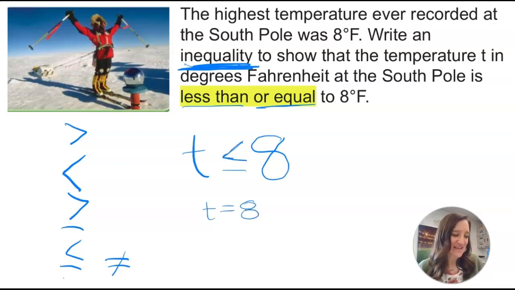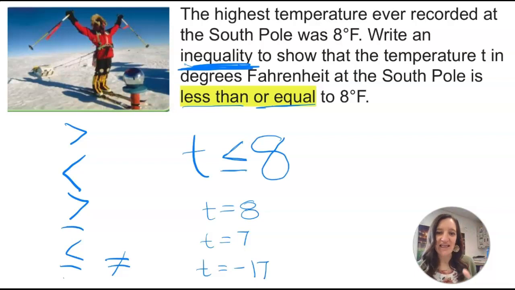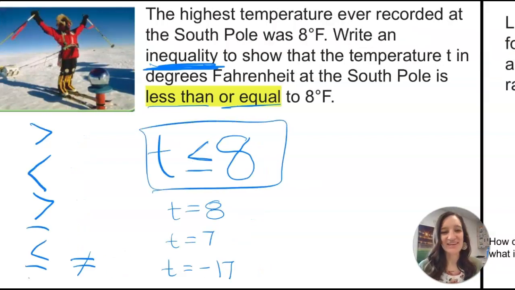Because it's less than or equal. The temperature could have been like 7 degrees, right? The temperature very well could have been negative 17 degrees since we're talking about the South Pole. So everything less than or equal to 8 degrees is possible for the temperature of the South Pole. That is what we're doing today, writing inequalities.